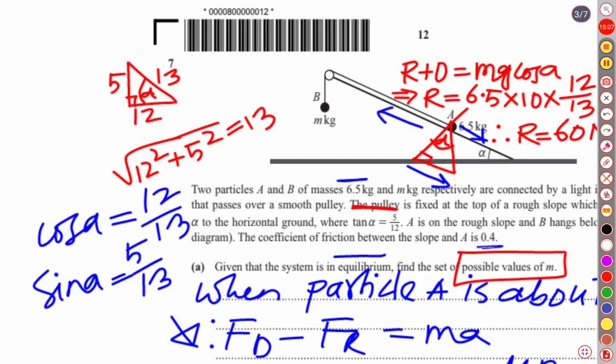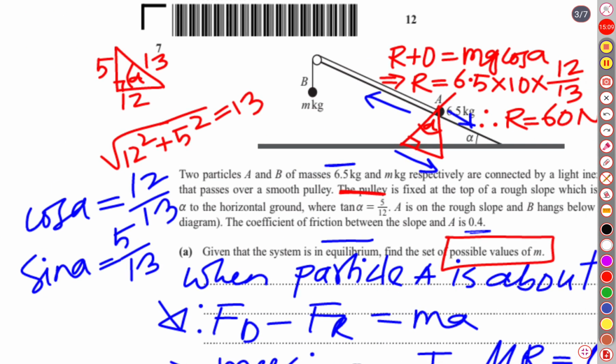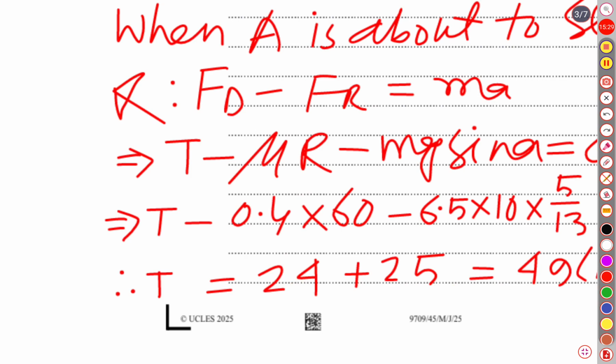M was actually the mass of particle B. This is m. Well, then particle B, look at this. So long we have been analyzing the scenario for different forces of A. Now B. For B it's actually very simple.